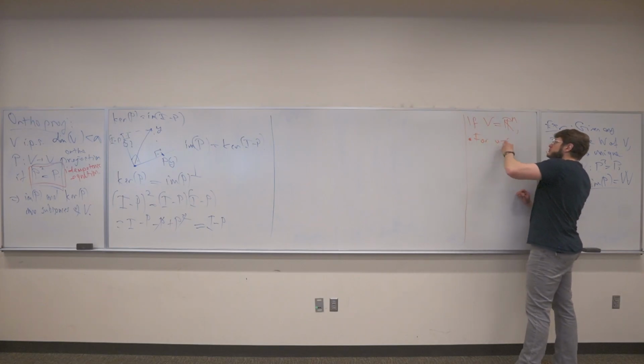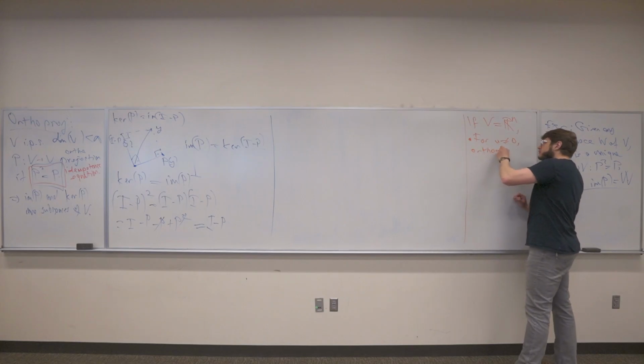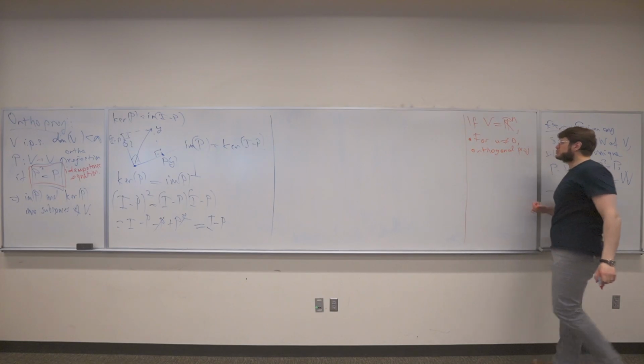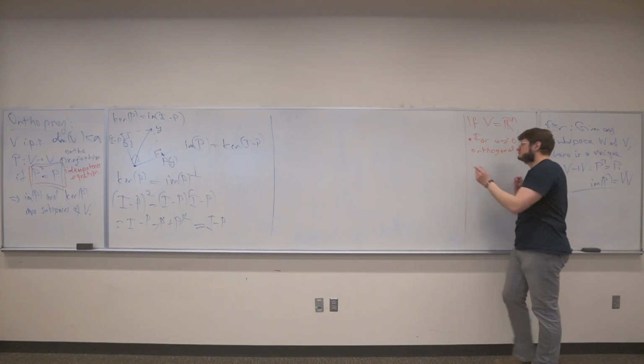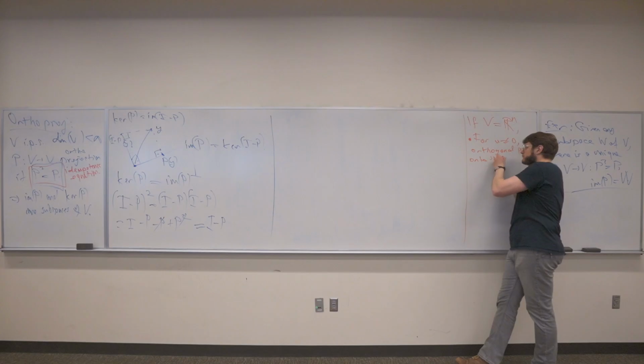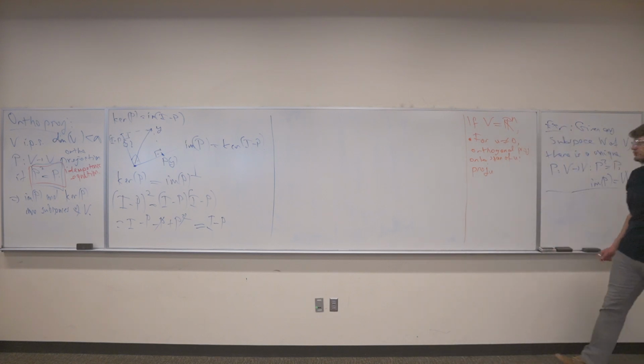For U non-zero, the orthogonal projection onto U, or the span of U, is proj sub U, using the notation in the textbook.